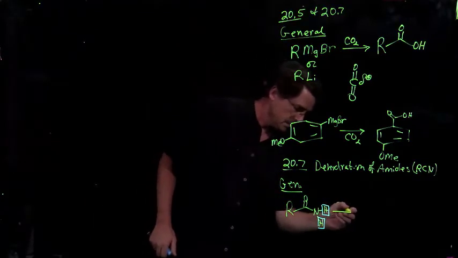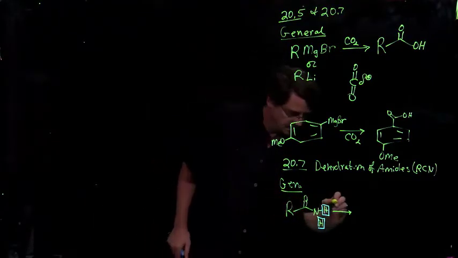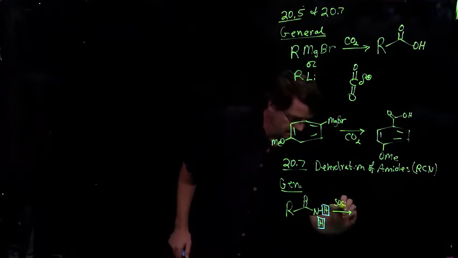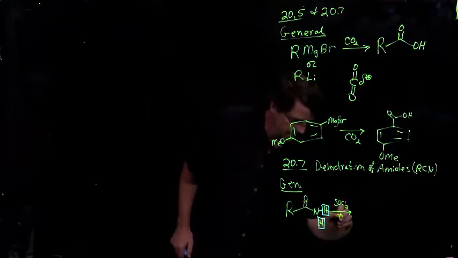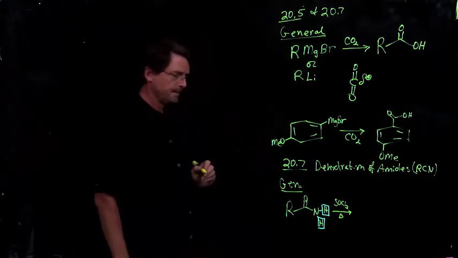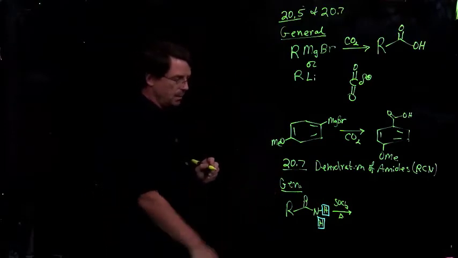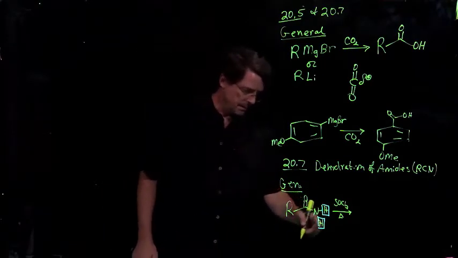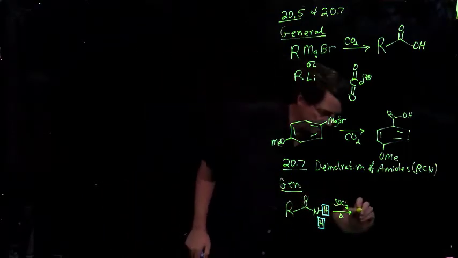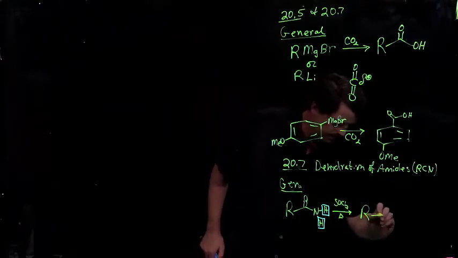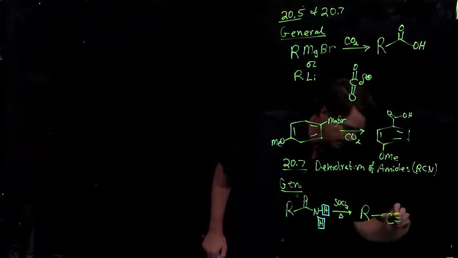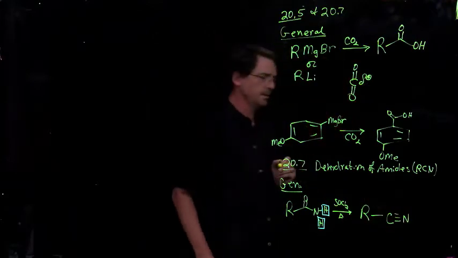You treat this with a dehydrating agent, and you heat it up a little bit, and you remove the water. And of course, if we remove H2O, what we're left with is the nitrile.